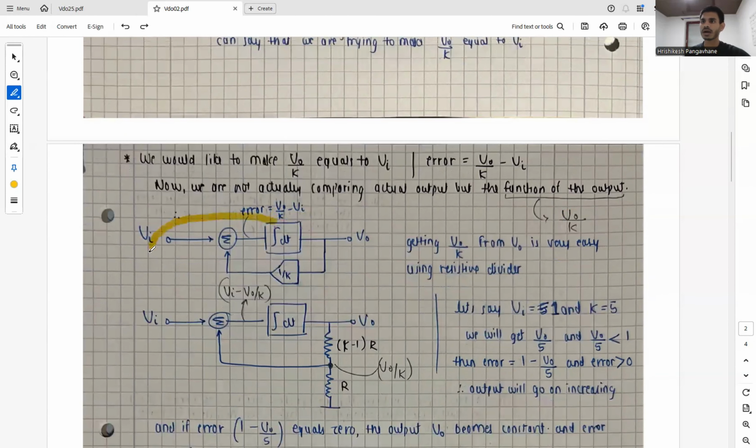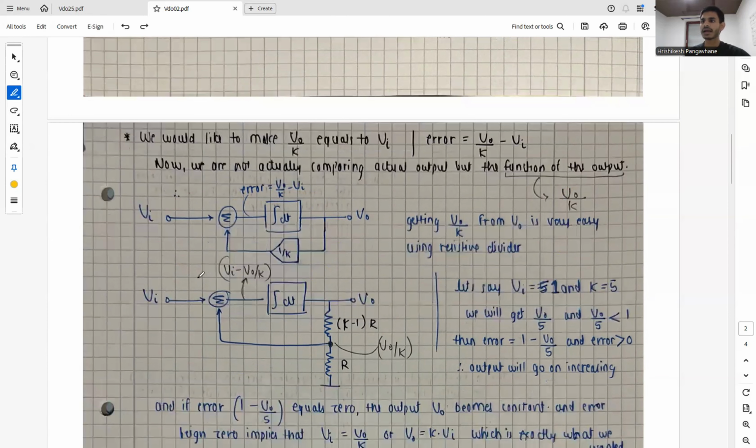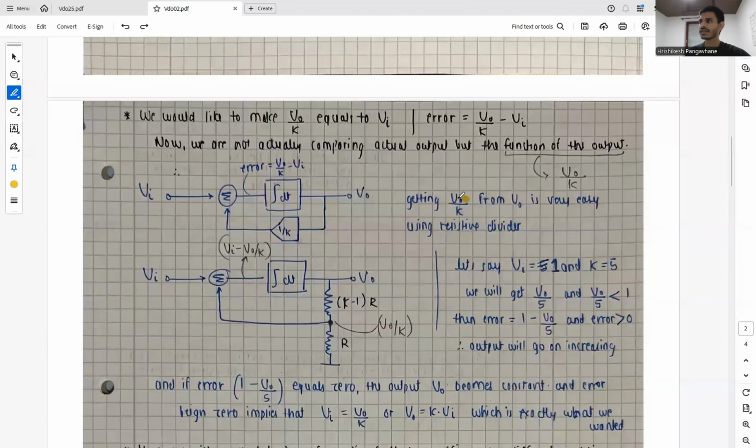So now our negative feedback loop will somewhat look like this, and we have our V naught, and we pass it through a system which will give us at this point the function of V naught, which is V naught by K. And basically getting V naught by K from V naught is very easy using a resistive divider.